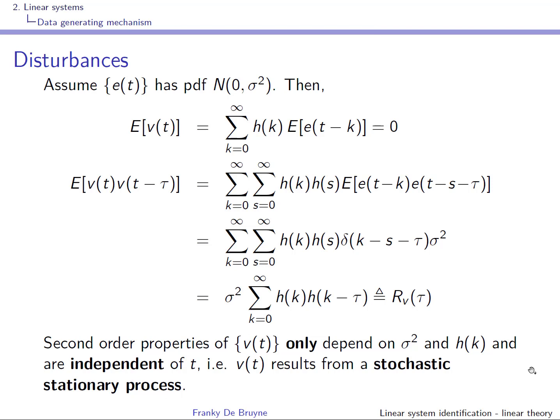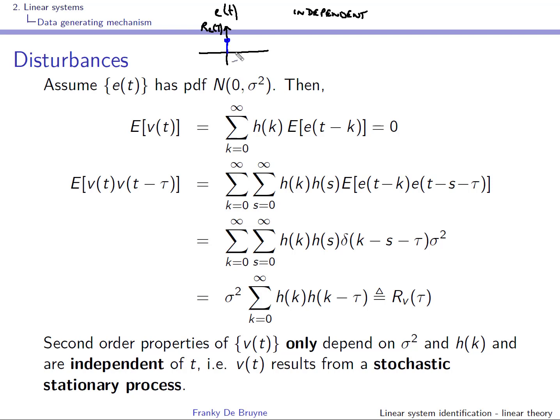So if we look at e of t, this is a sequence of independent variables. If you look at the autocorrelation function, R E of tau, then it looks like this.